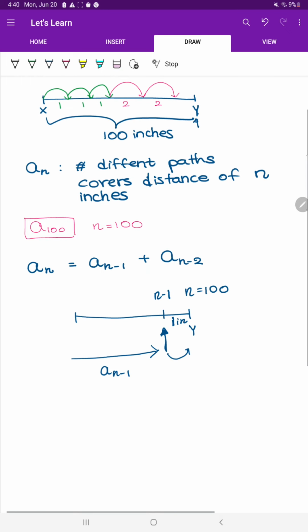That is why we put it in this way, a_(n-1).